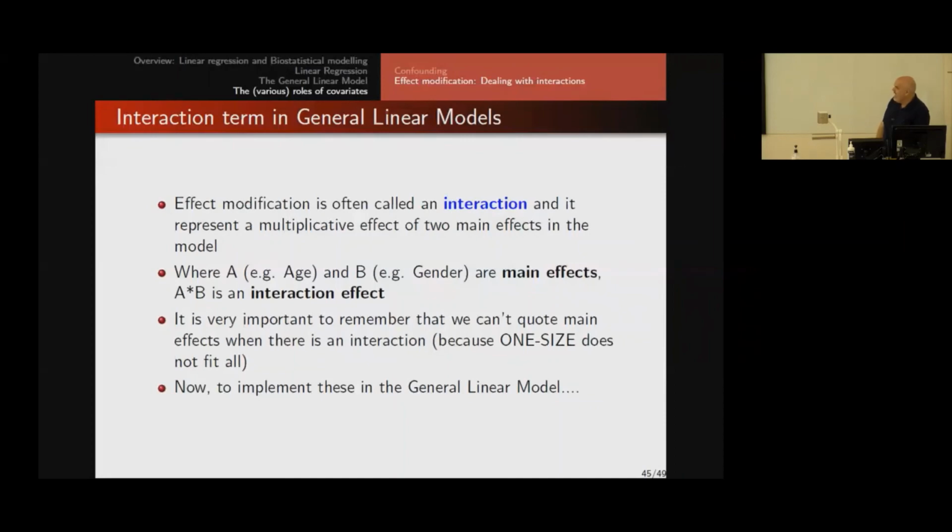What is very important, and people seem to forget this, is if there is an interaction effect, we cannot talk about A by itself or B by itself. We can't talk about the effect of age by itself, or the effect of gender by itself. That makes a lot of sense if you think about it, but people do forget that.